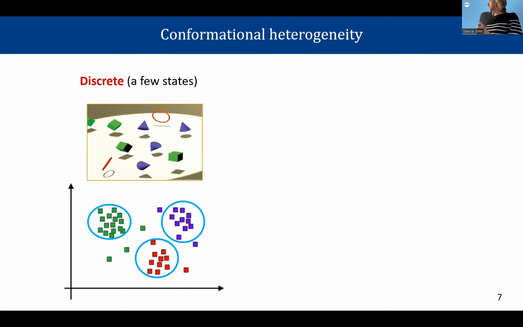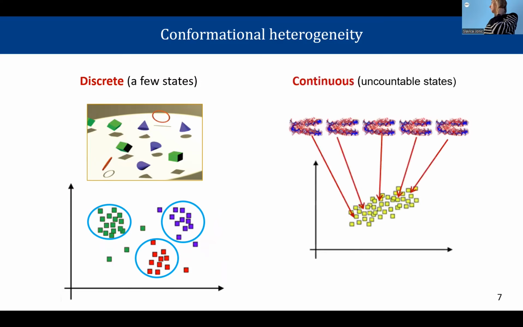So this is kind of easy, but this is not what we have in biology, because the objects are not rigid, and there are more states than 3. So this is how we imagine the thing. You have the complex here, and it is slowly changing its shape.